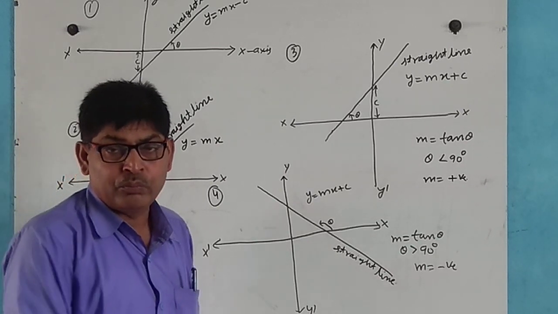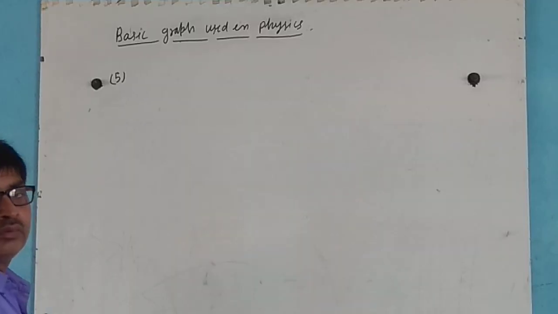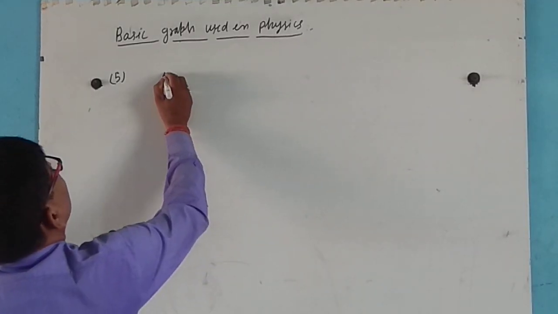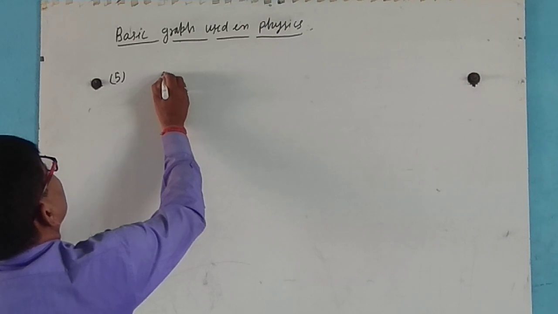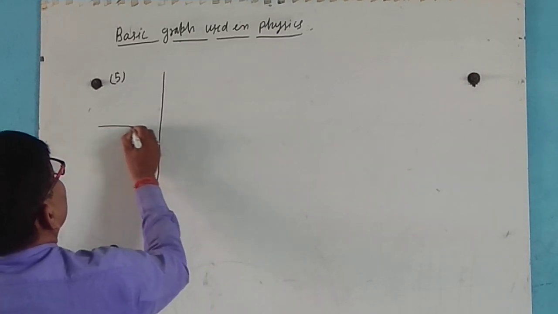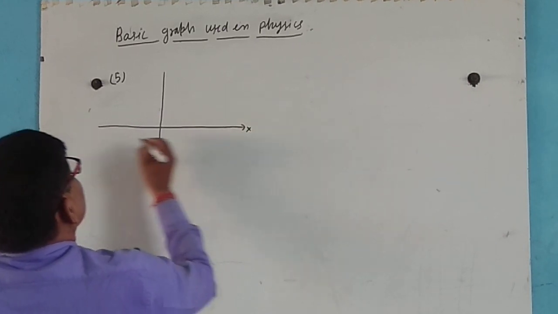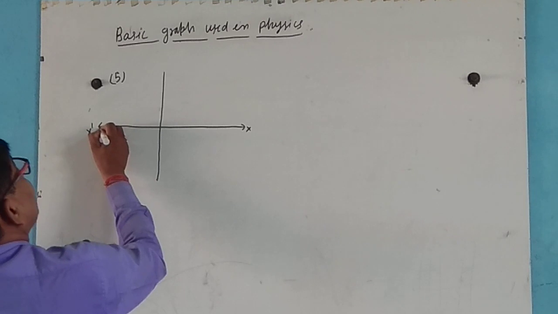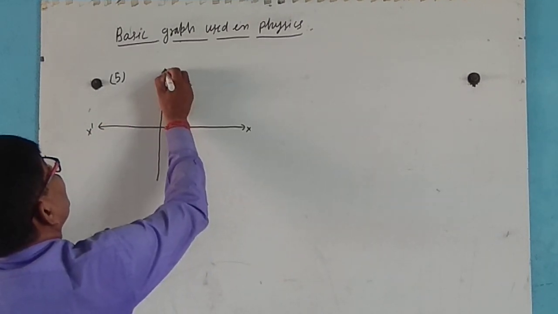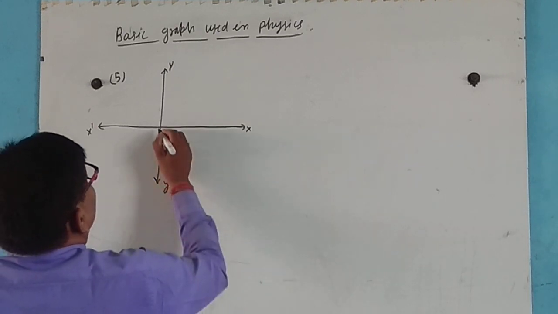Now the fifth graph. This is x dash, y and y dash.